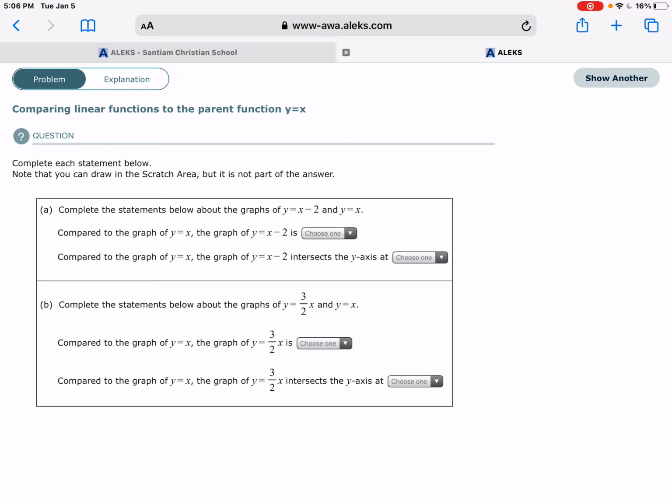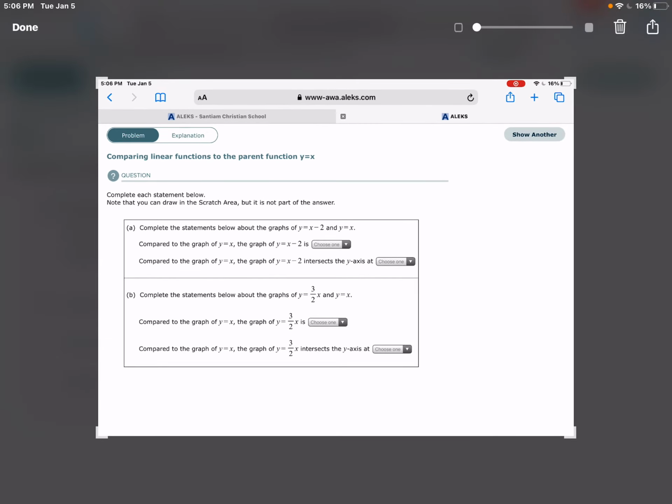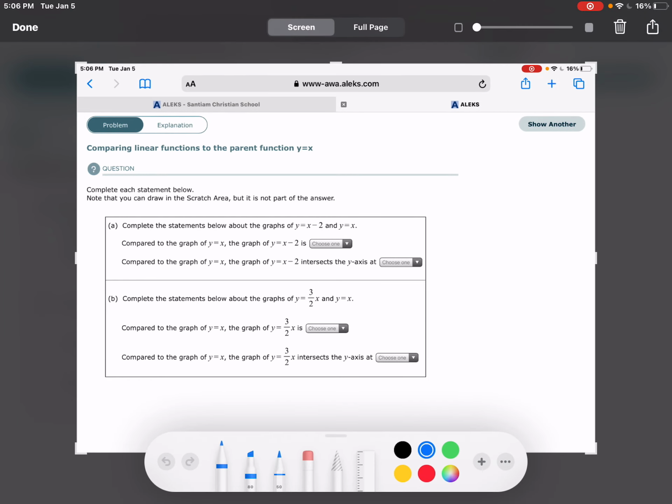All right, complete the statements below about the graphs of y equals 3/2 x and y equals x. So here we have y equals 3/2 x. Notice that there's not a b number. That means that this equation also goes through the origin right there.